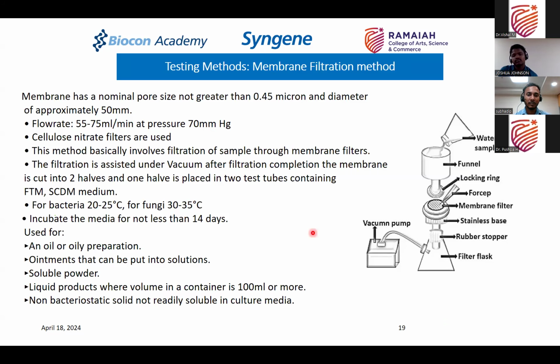So now, how do you perform these tests? Once again, our room is ready. The room, wherever we are going to perform these sterility tests, our place of working is clean. It is sterile.